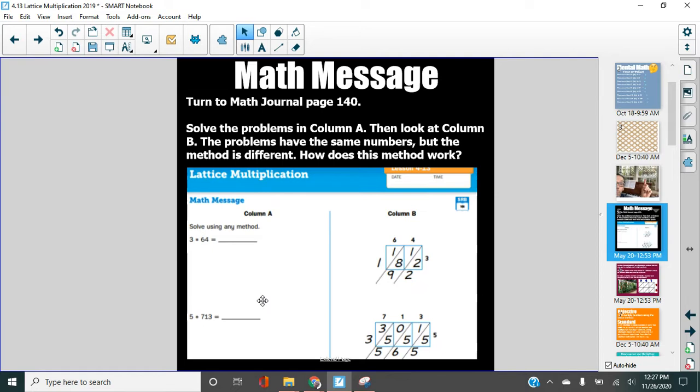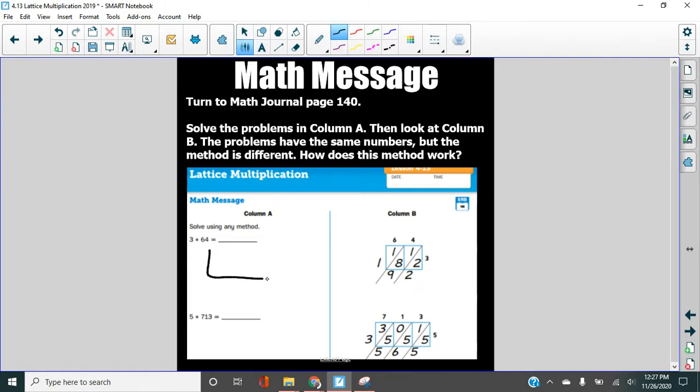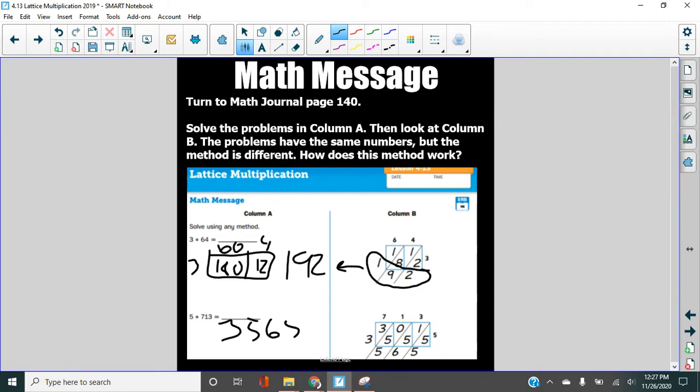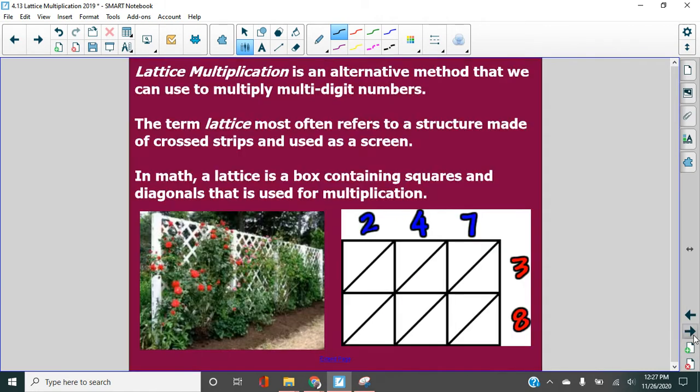Okay, if you used your method correctly, you should see for your answer, let's just do one real quick, right? 60 and 4 times 3, 180, 12, and then we add those up, and we get, look at this, see? 192 along the bottom, 192 here. The same thing was true over here. If you did the problem right, you got this answer, and that is down here at the bottom. Okay, so let's get into what we're going to do and how this works.